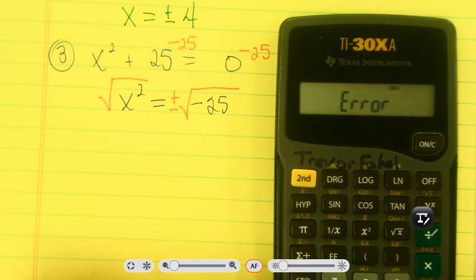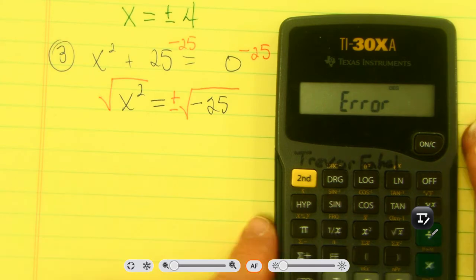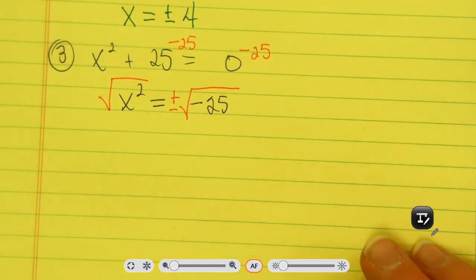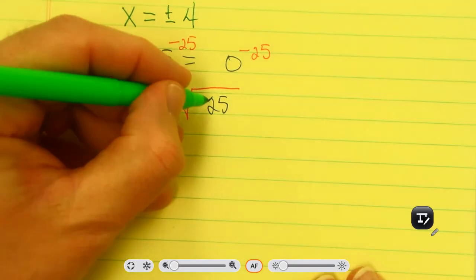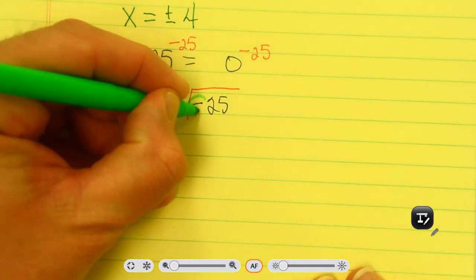What's wrong? Kind of, in a way. You're thinking in the right direction. Let's remember what this means. Looking inside the radical sign, there's a negative 25 right there.